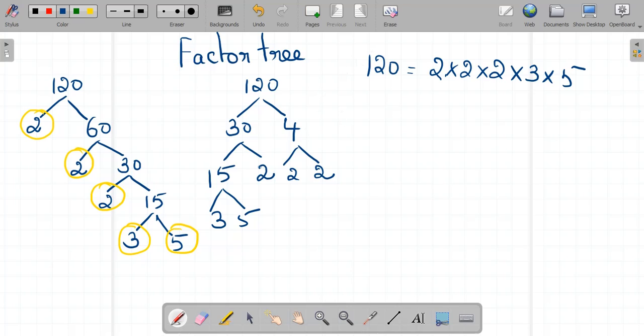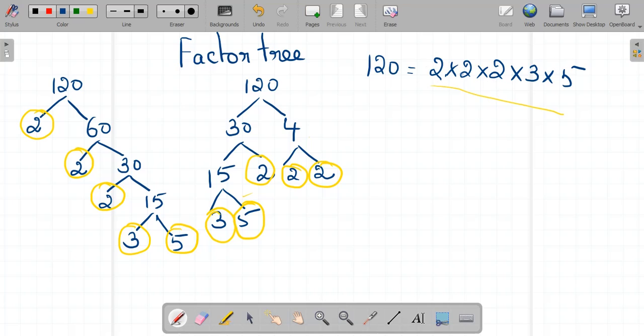If you see this diagram also, that is what we have done. So however you draw the branches in a factor tree, finally the end result will be the same: this combination of 2, 2, 2, 3, 5. Let us check: 2 into 2 is 4, 4 into 2 is 8, 8 into 3 is 24, 24 into 5 is 120.